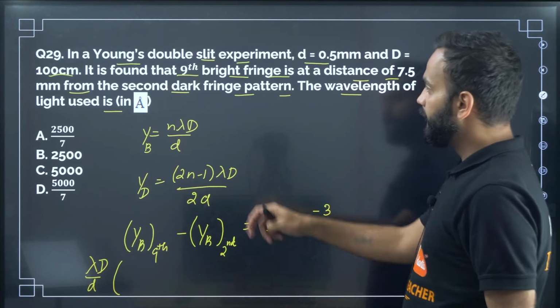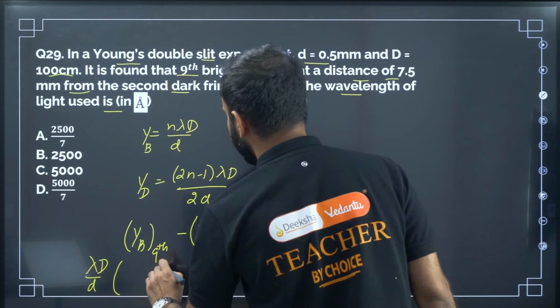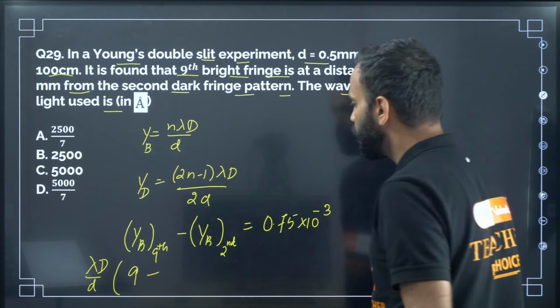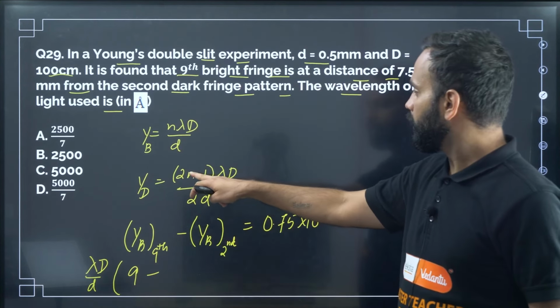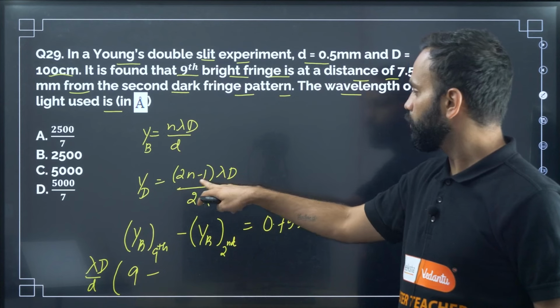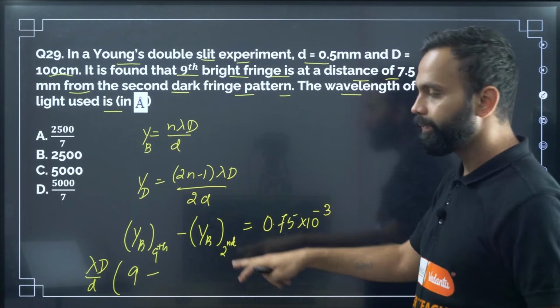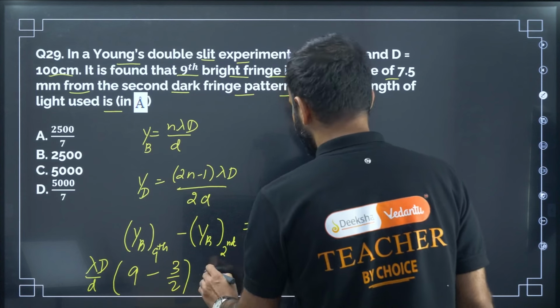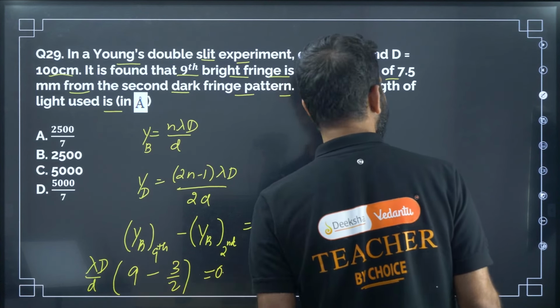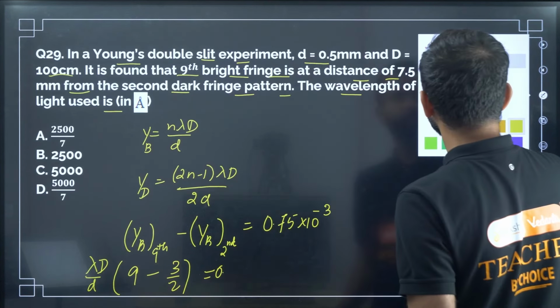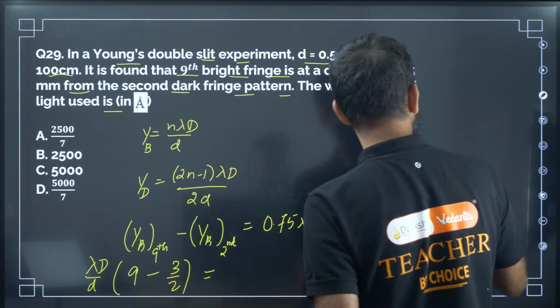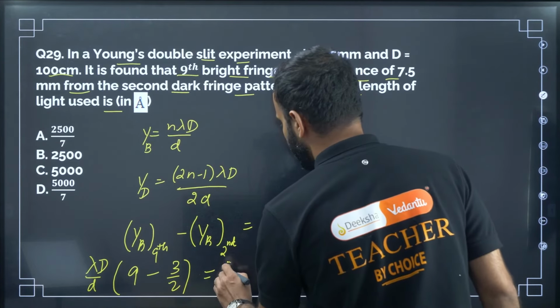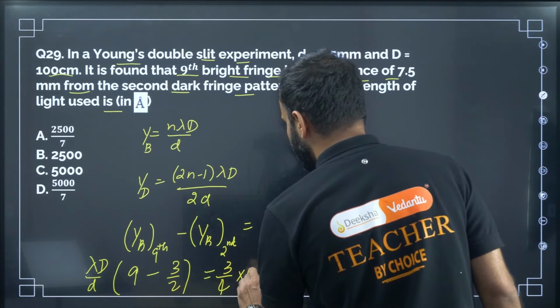So now n is 9, so 9 minus (2n minus 1), that is here n is 2, 2 into 2 is 4, 4 minus 1 is 3, so 3 by 2, which is equal to 0.75, and 0.75 is 3 by 4, so 3 by 4 into 10 to the power minus 3.